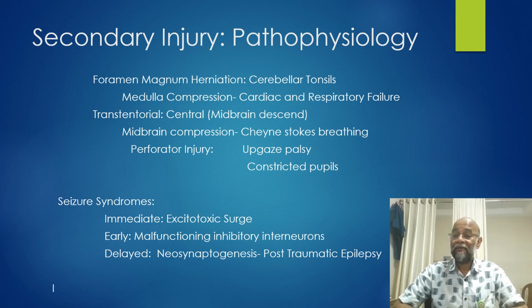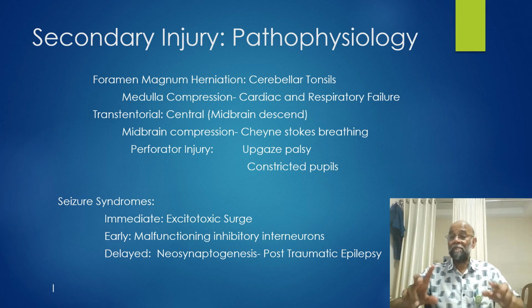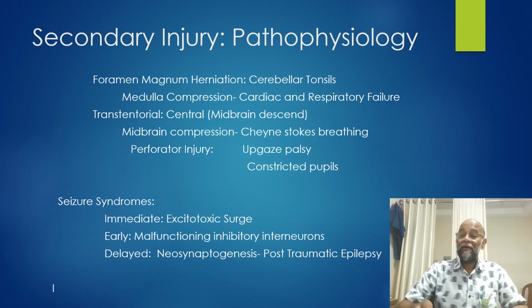Delayed seizures have a worse prognosis because these have resulted because the brain is trying to repair itself. It is forming new synapses, and neosynaptogenesis may result in aberrant synapse formation and result in a post-traumatic epilepsy syndrome.